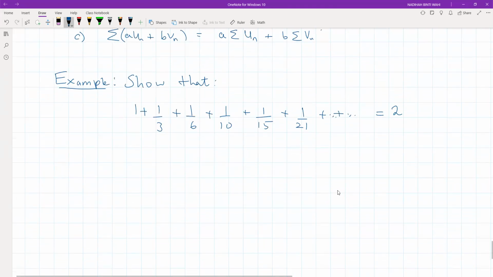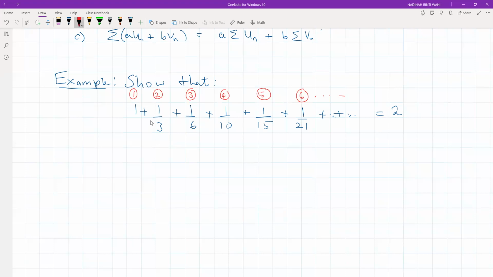Okay, so let's see what's the pattern of this one. You can see that this is the first term, second term, third, fourth, fifth, sixth, and so on.